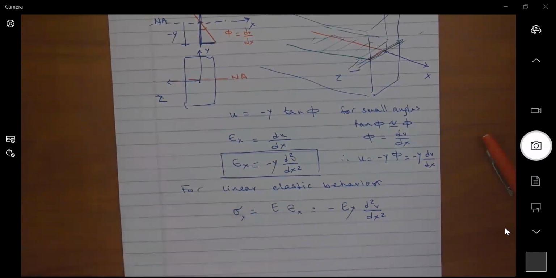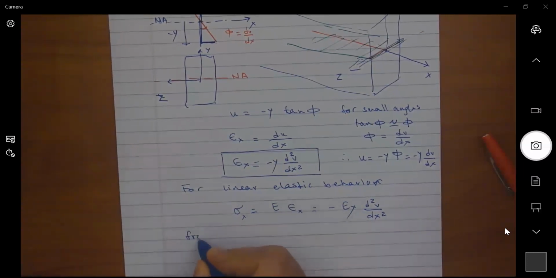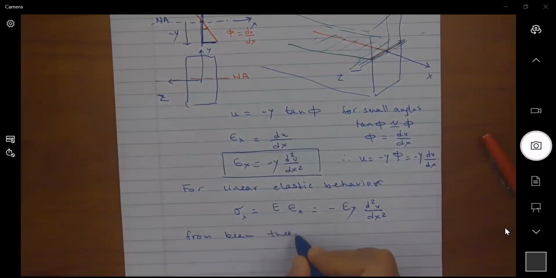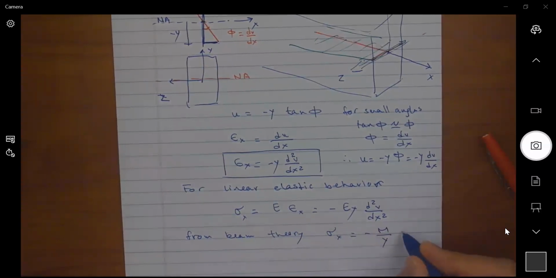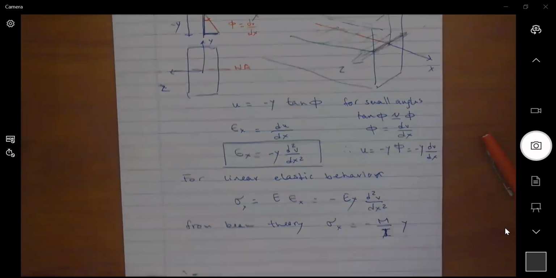From the beam theory, we also found that sigma x is equal to minus M over I times y.